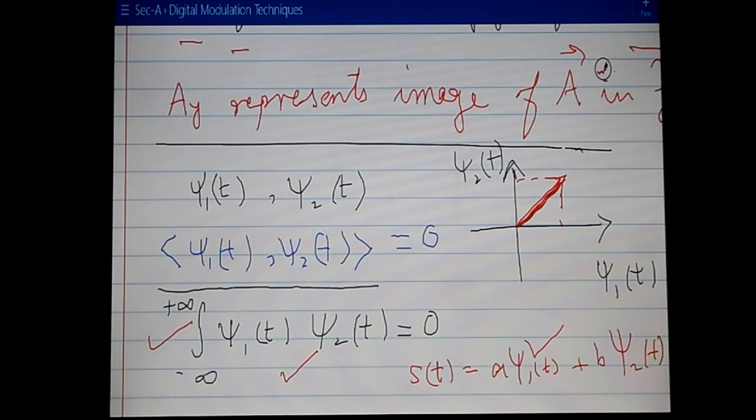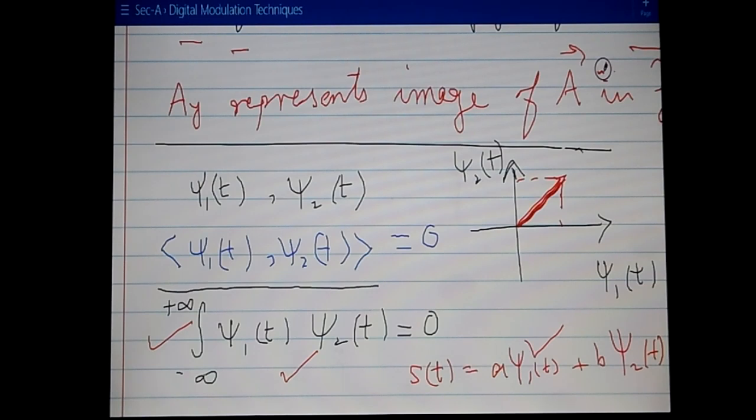Actually, if you recall your previous knowledge of communication systems, there you have already studied that the suitable measure for the strength of a signal is its energy.